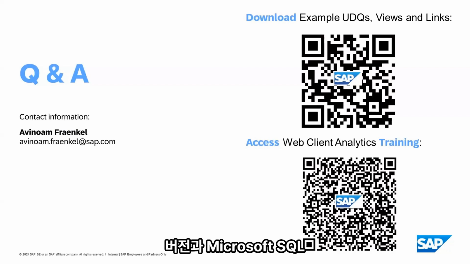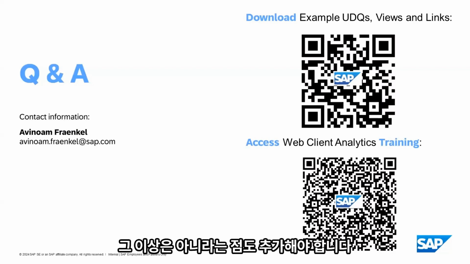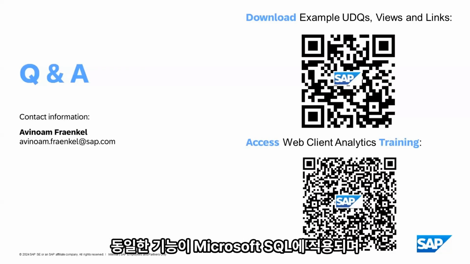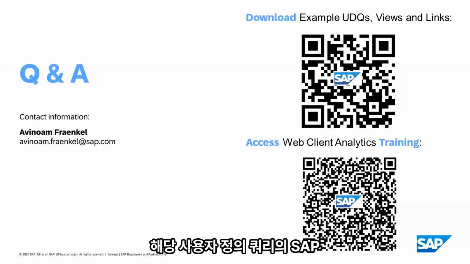It's now both the SAP HANA version and also the Microsoft SQL version. I should also add that even in the SAP HANA version, I've added aging buckets, customer or vendor aging buckets. You've also got that feature there for both versions. The same functionality applies to Microsoft SQL and to the SAP HANA versions of that user-defined query.